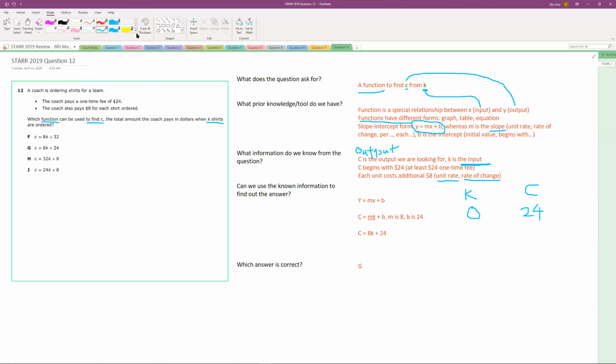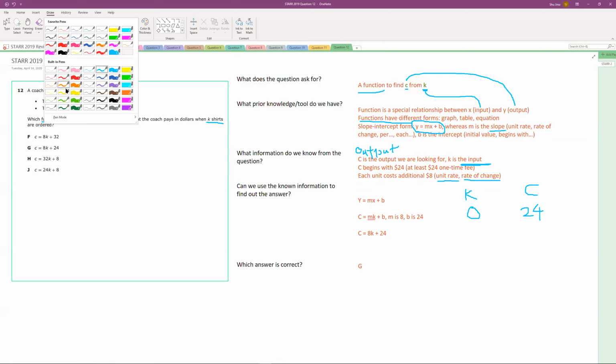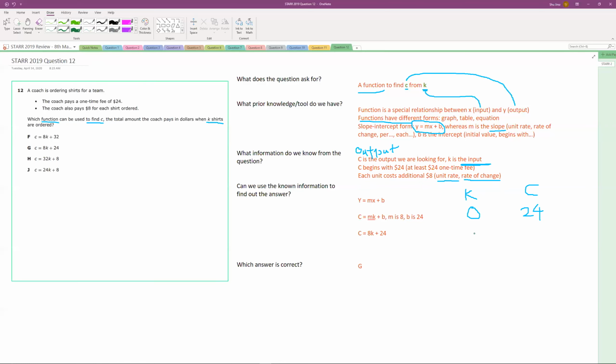That means when the number of shirts ordered increases by 1 every time, the total cost will increase by the unit rate, the $8, each time. When K increases from 0 to 1, the total cost will increase by 8.